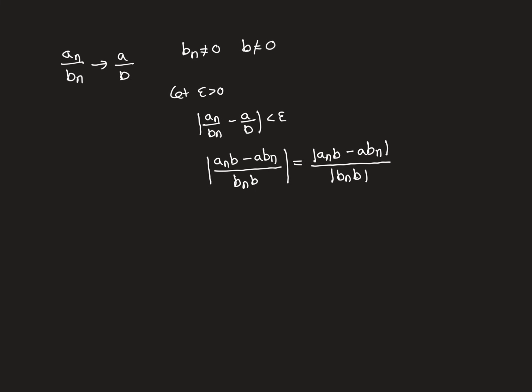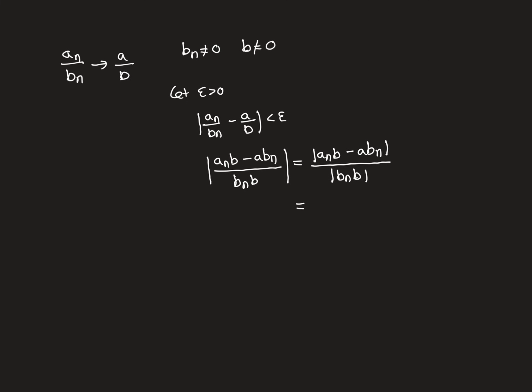And we're now going to try and do something to that numerator to get it in a form, as we've done previously, where it has a_n minus a or b_n minus b appearing in there. So we're going to add something in and subtract it off.